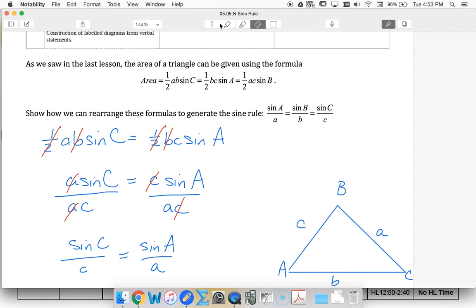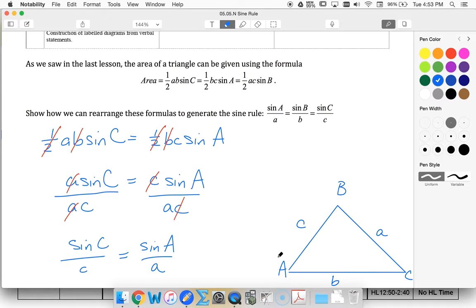So what we're saying is that the ratio, the division of the sine of this angle divided by a side of this length, is equal to the sine of this angle divided by the length of this side.